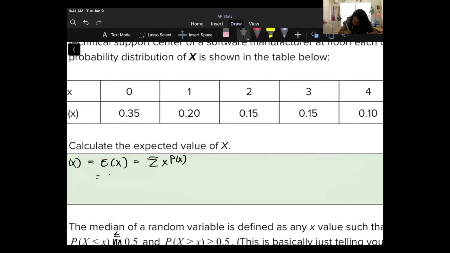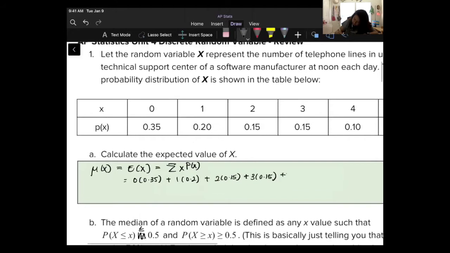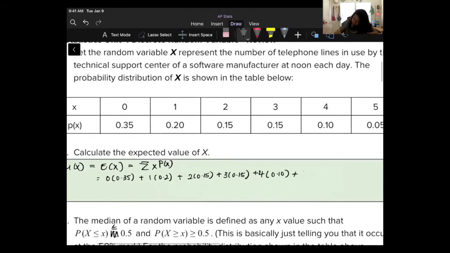So this would become 0 times 0.35 plus 1 times 0.2 plus 2 times 0.15 plus 3 times 0.15 plus 4 times 0.10 and plus 5 times 0.05. And if I were to add these all up, the expected value is 1.6.